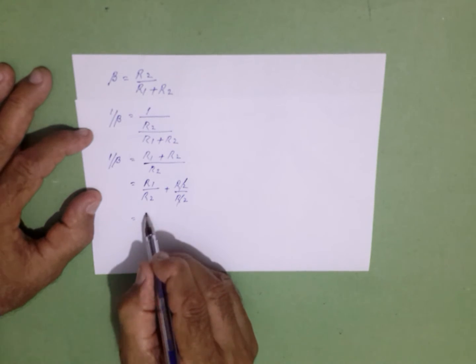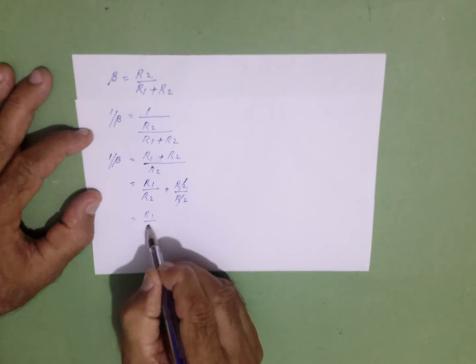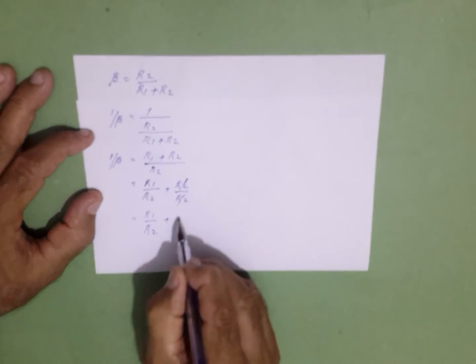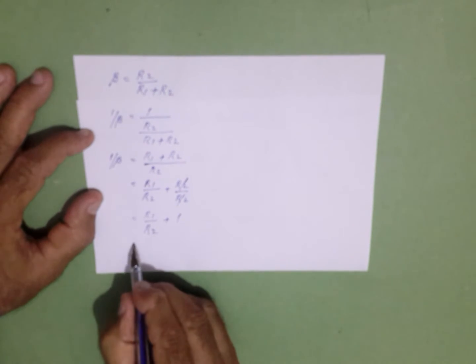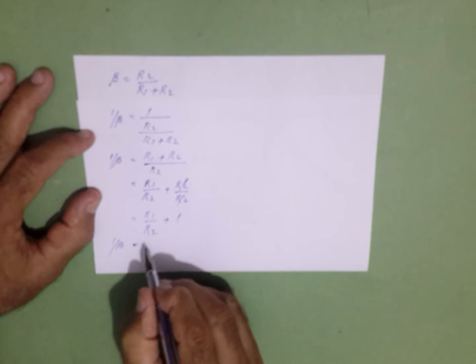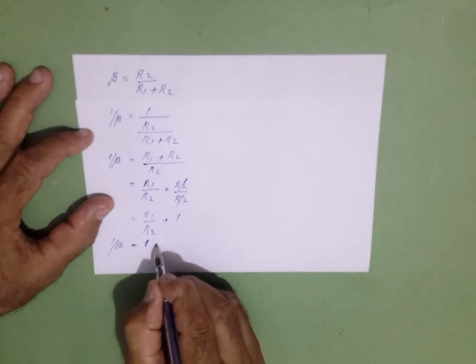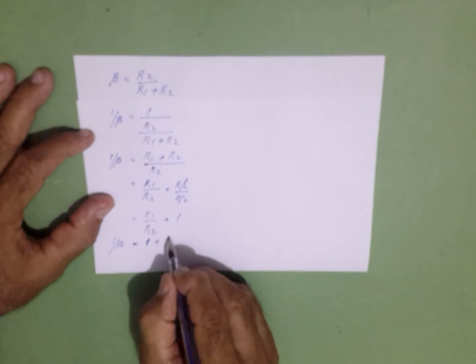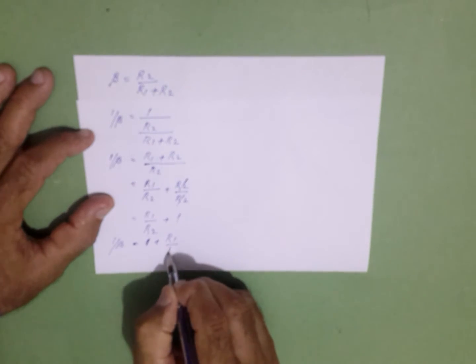We can write this as R1 over R2 plus 1, or 1 over beta is equal to 1 plus R1 over R2.